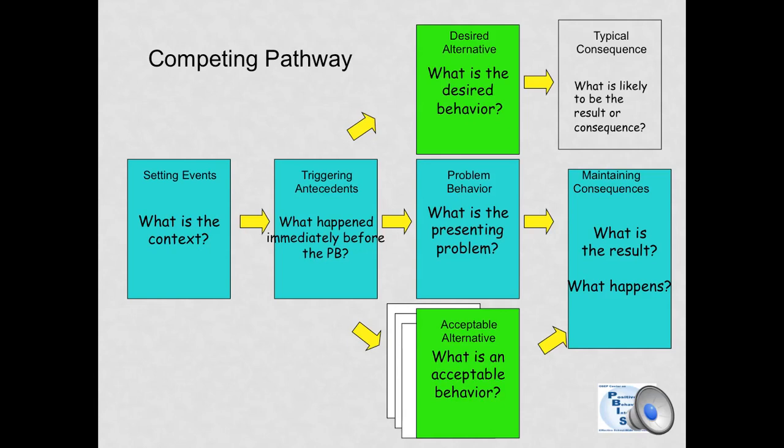The acceptable behavior is a step toward the desired behavior. The important thing to remember about the competing pathway is that the problem behavior and the acceptable alternative behavior are both maintained by the same function, adult or peer attention.